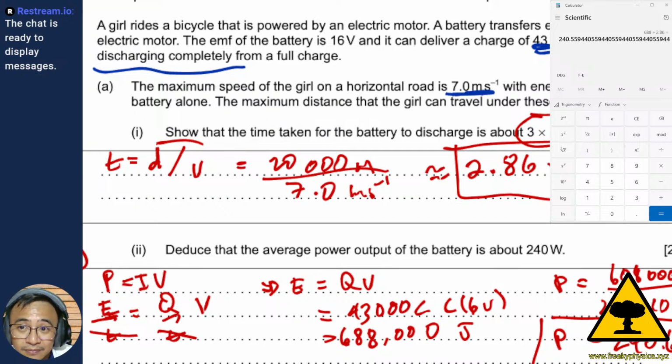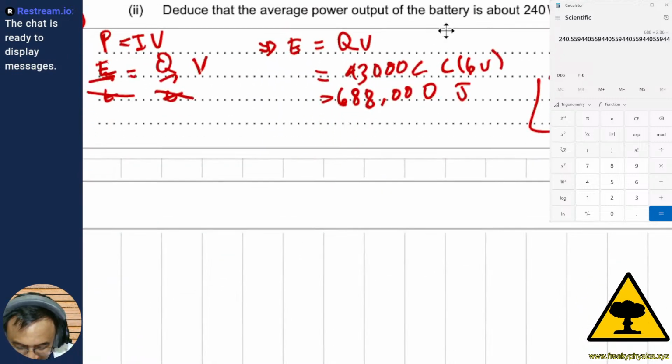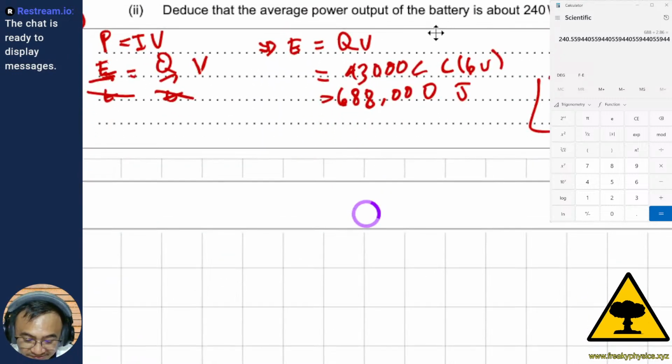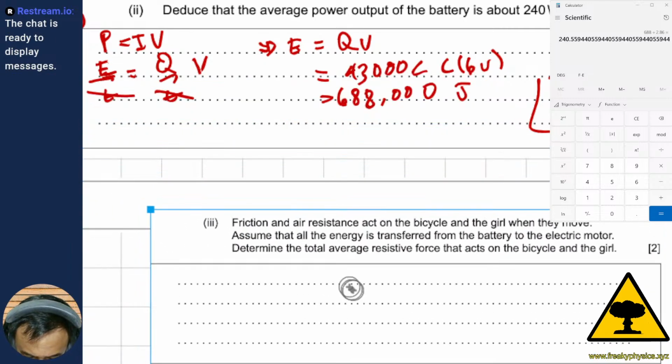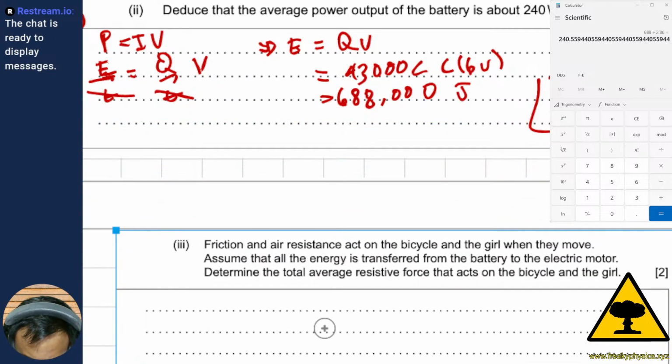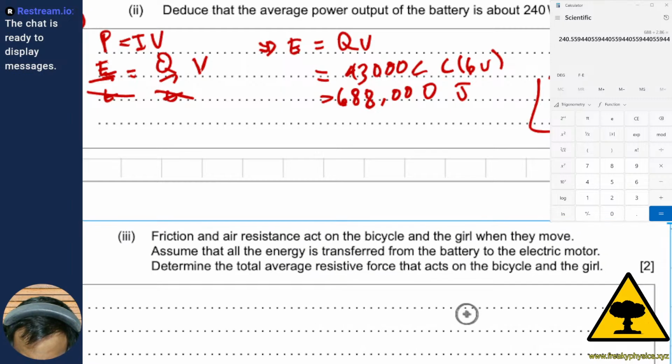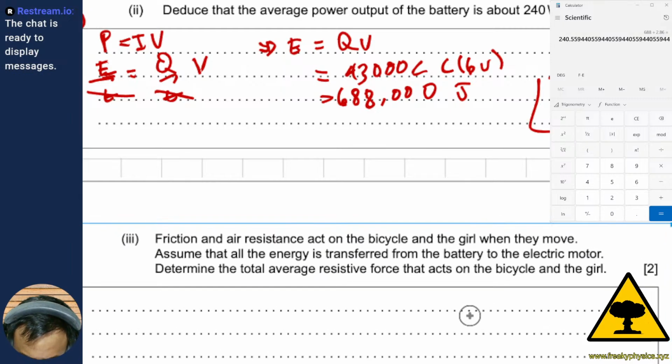This next problem is related to this, but let's take a look at this now. This involves friction and air resistance acting on the bicycle when they move, and the girl. So assume that all the energy is transferred from the battery to the motor. Determine the total resistive force that acts on the bicycle and the girl.